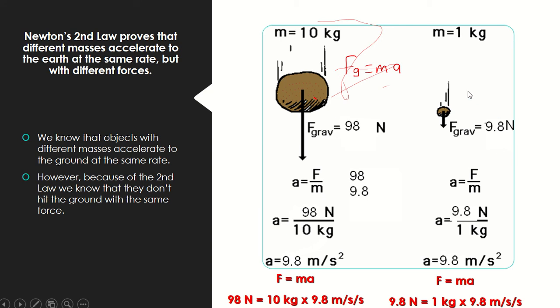And on a 1 kilo rock, because it's less mass, the force due to gravity is only 9.8 newtons, because it's the 1 kilo times the acceleration, so it's 9.8. And then the acceleration on this rock is also just 9.8 divided by 1 kilo, so it's accelerating down to Earth at 9.8 meters per second squared.